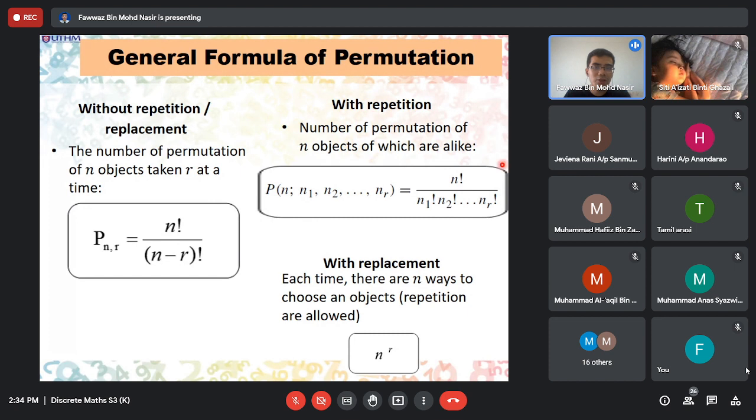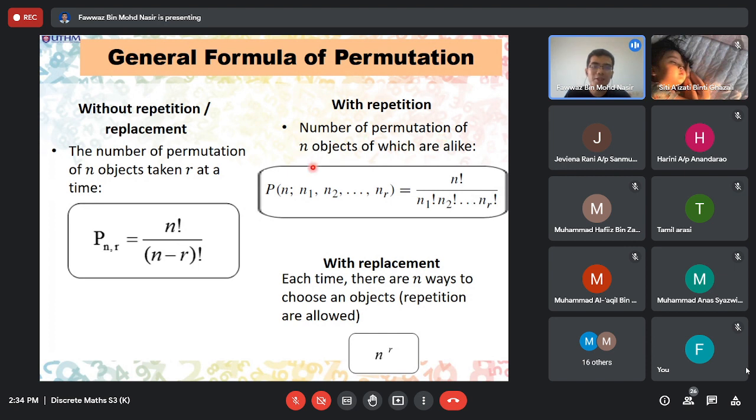Kemudian in situations where there are repetition, okay, di mana situasi ni dia timbul bila ada some of the elements yang repeated daripada set tu. Contohnya kalau kita ada MOO, okay, O tu dia repeat 2 kali kan. In that case we must use this formula.